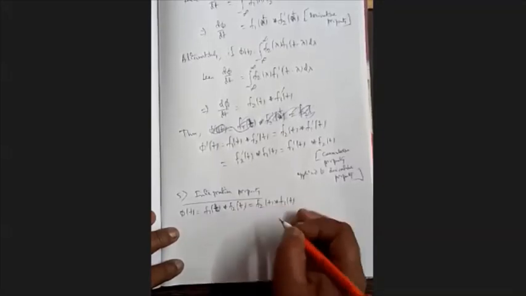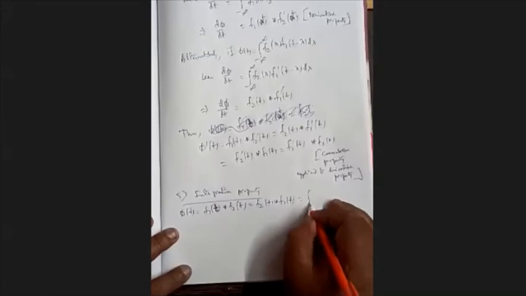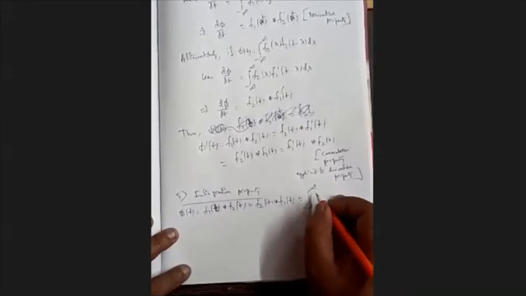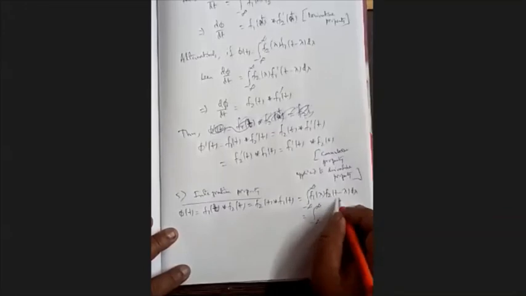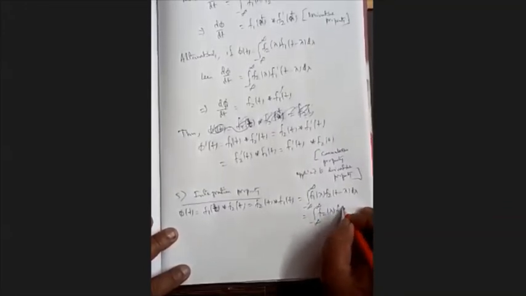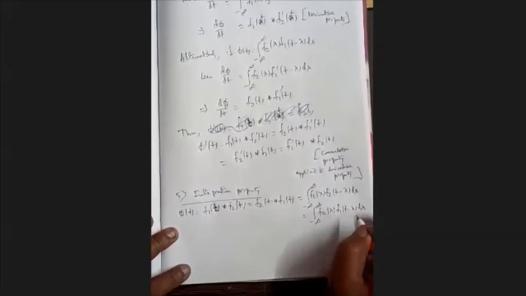That's the commutative property we know. Or in terms of integration, it will be f1(lambda) f2(t minus lambda) d lambda, or f2 can be considered as the first function, f2(lambda) f1(t minus lambda) d lambda, that we know.